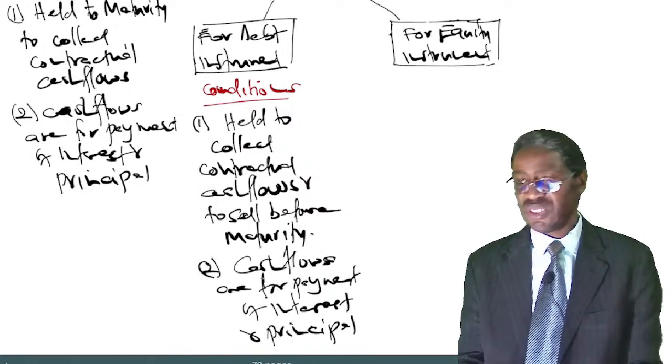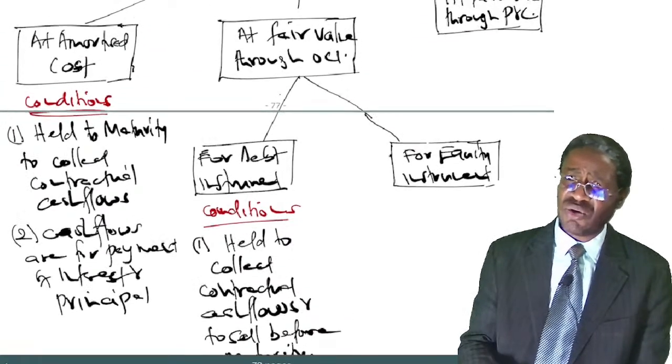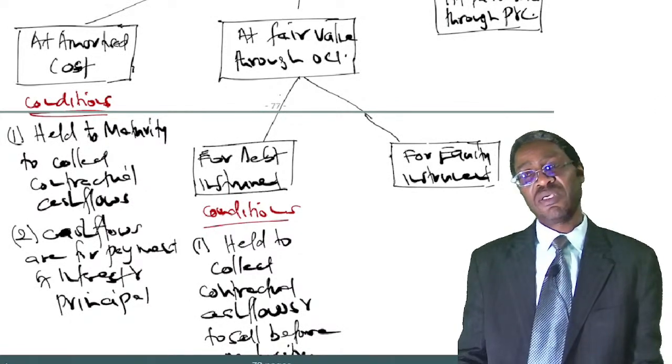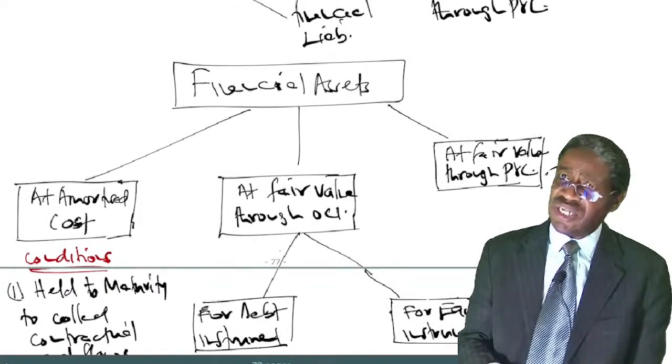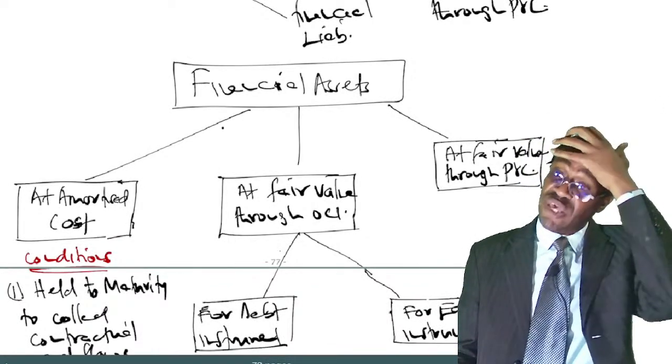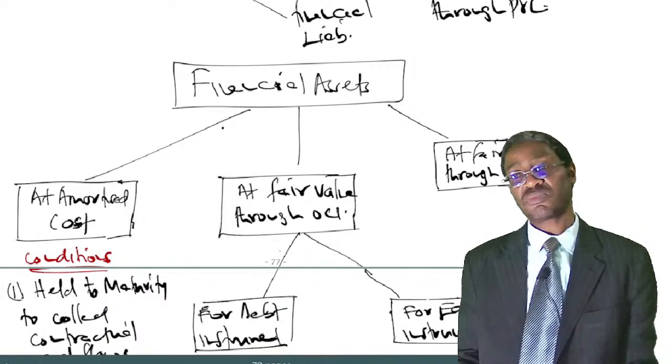Good. Now we go to the other subcategory, for the equity instrument. You bought shares, like I was mentioning earlier. You bought 10,000 shares at 50 bob each. That was the market value.